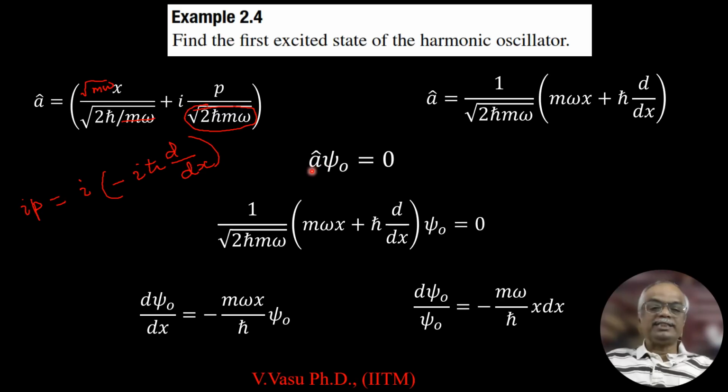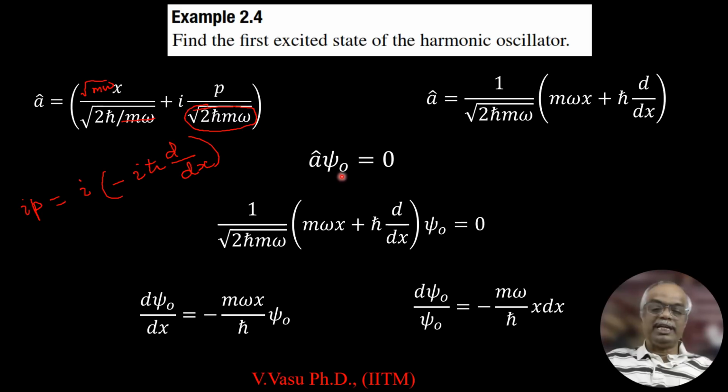Now we will find the initial wave function, that is psi naught. In order to find it, let the annihilation operator act on the ground state wave function, psi naught. It cannot go below the ground state, so this will be 0.